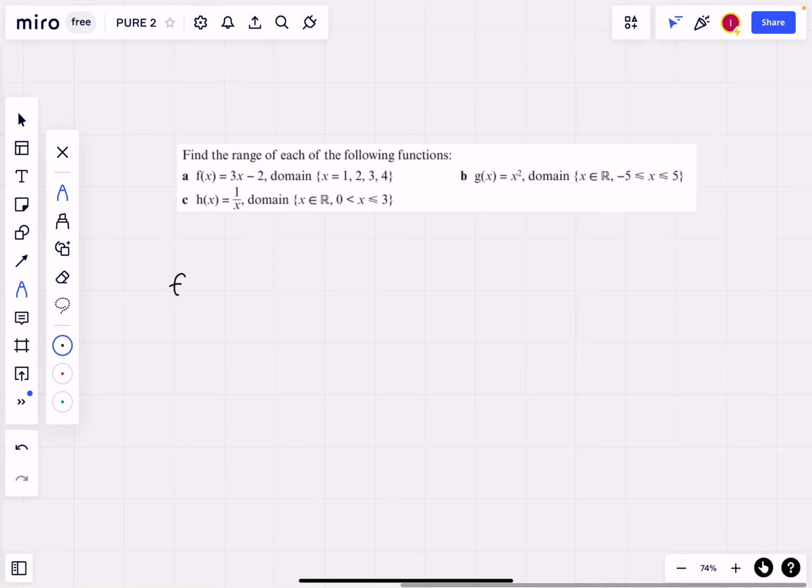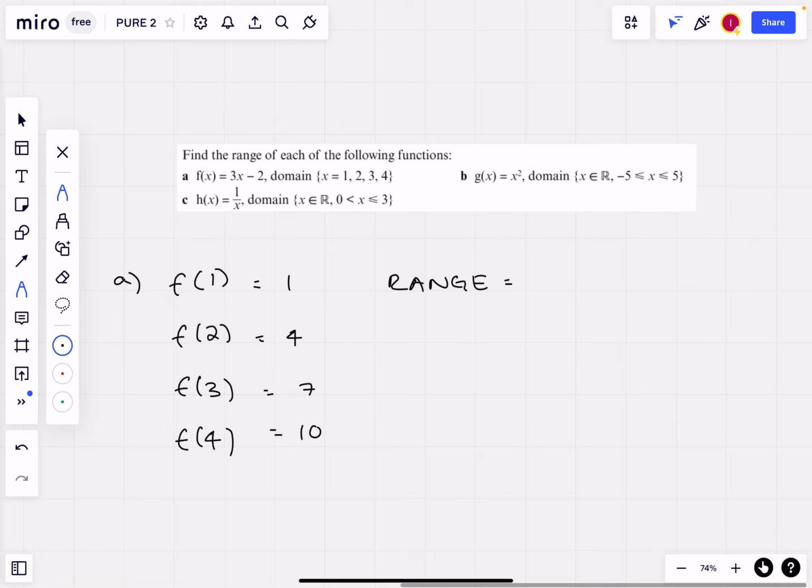So let's sub in f1, f2, f3, and f4. f1 will give us 1, f2 will give us 4, then 7, then 10. Which means my range is going to be 1, 4, 7, 10.